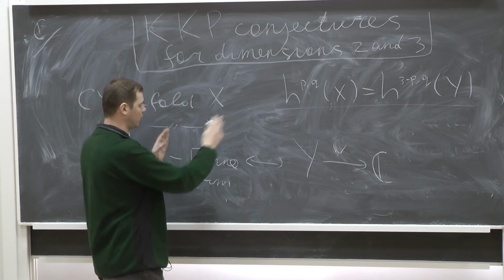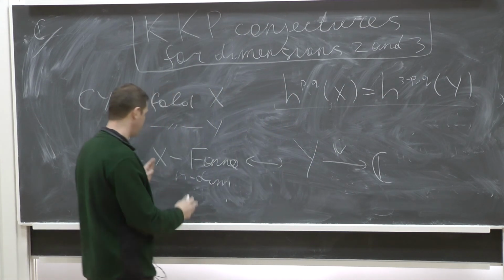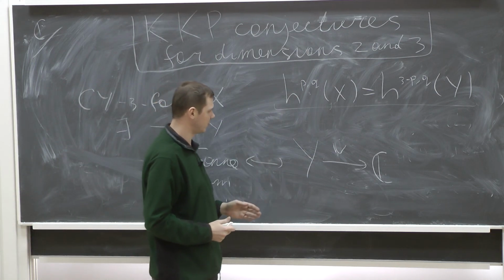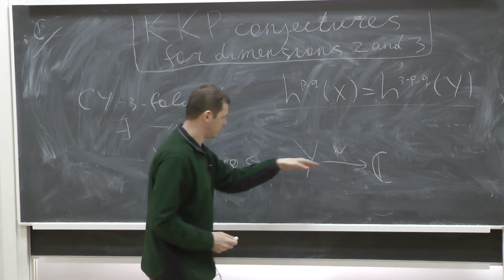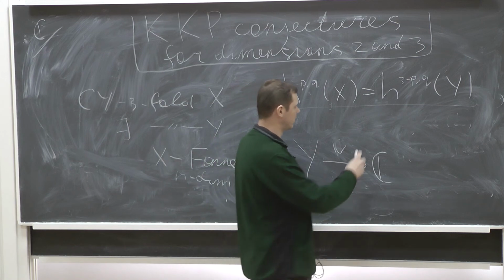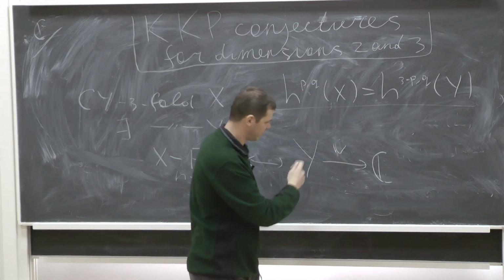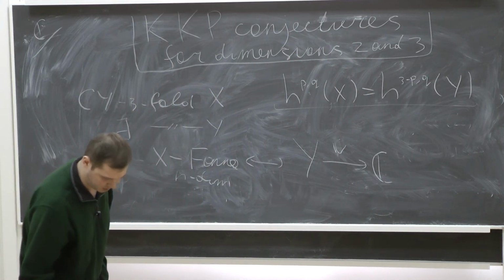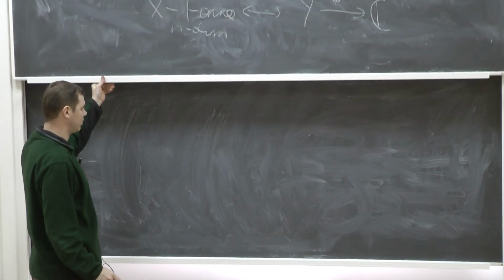If we want to imitate relations like this for the Fano variety, it's okay. We have Hodge numbers of Fano varieties, but having this family of varieties instead of a usual variety, we need to define what Hodge numbers of this family mean. And this is what the Katzarkov-Kontsevich-Pantev conjectures are about.